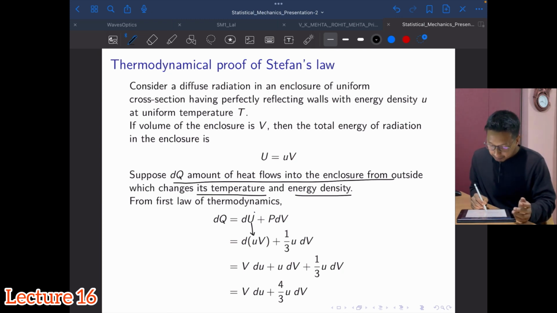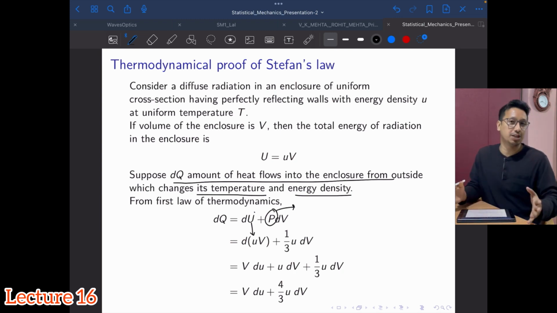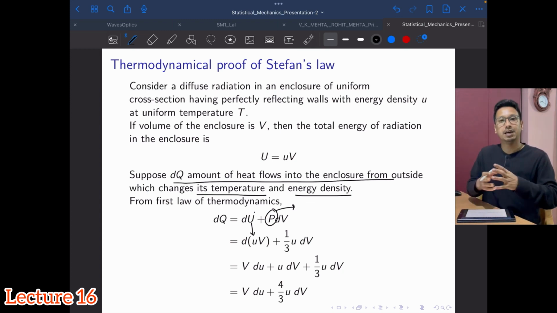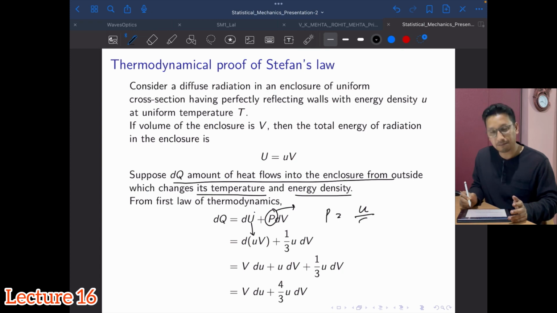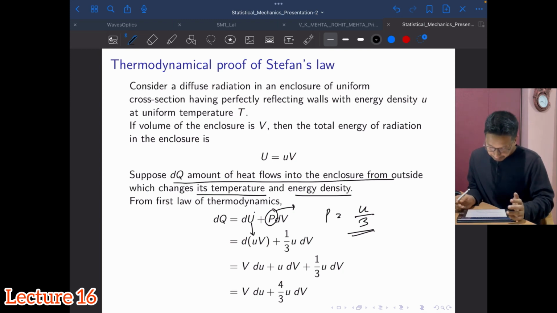And this pressure we all know from the previous lecture. Since we have considered a generalized case, diffuse radiation, with radiation from all different directions, the pressure within the enclosure will be one third of the energy density, which we have proved and studied in the last lecture.